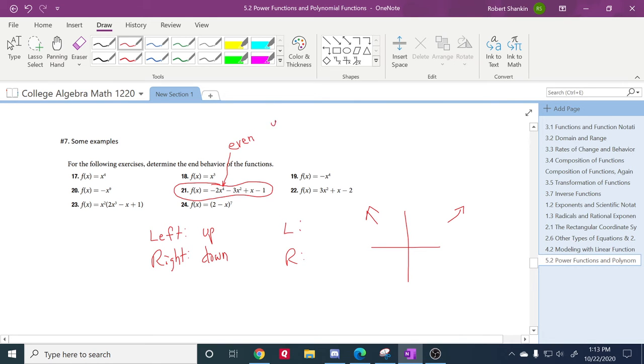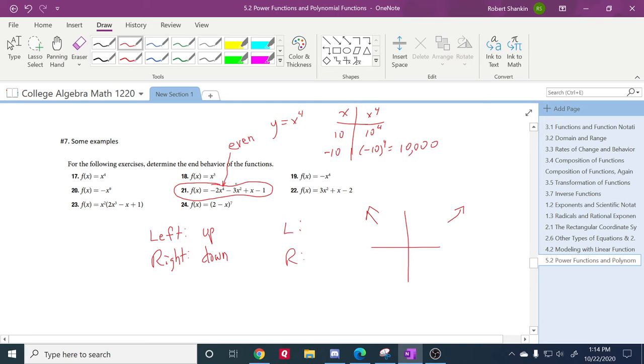If you just had y equals x to the fourth and that was it, when you had 10, you're going to get 10 to the fourth. If you had negative 10, you get negative 10 to the fourth, which is also positive. And so you're going to get positive numbers either way.